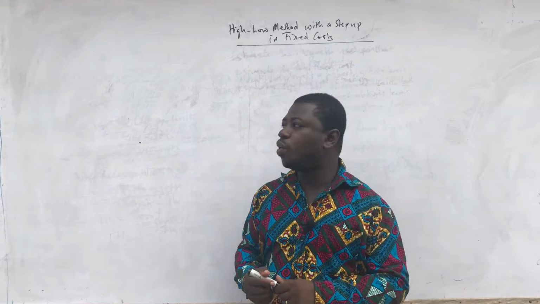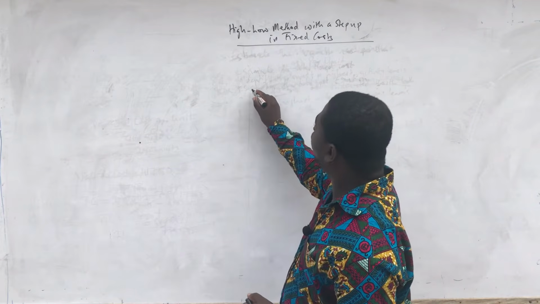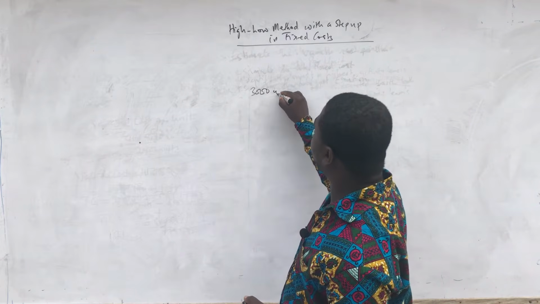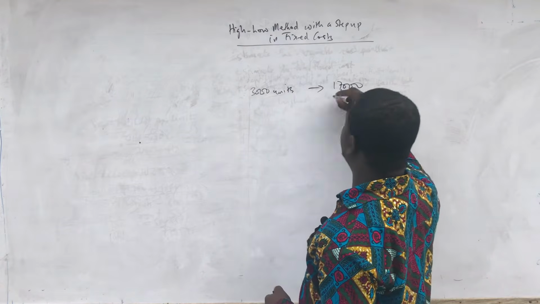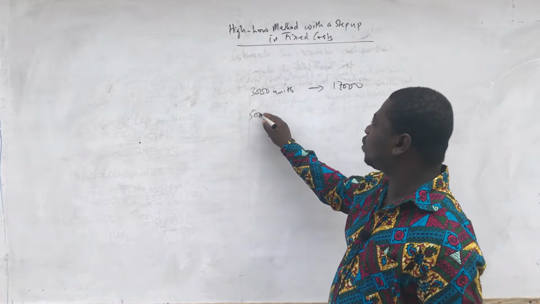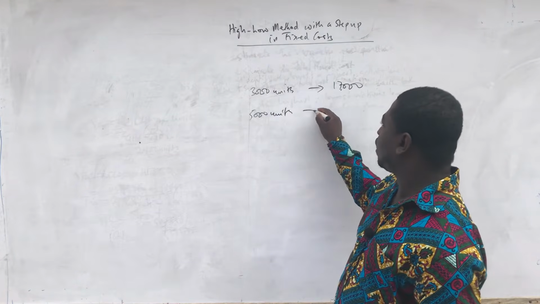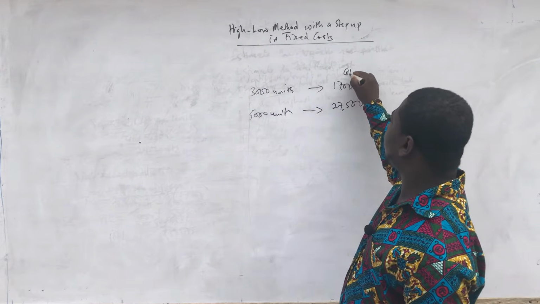Now, what usually will happen is that, let us assume that we have an activity level of 3,000 units at a total cost of 17,000, and then we have an activity level of 5,000 units at a total cost of 27,500 Ghana cedis.